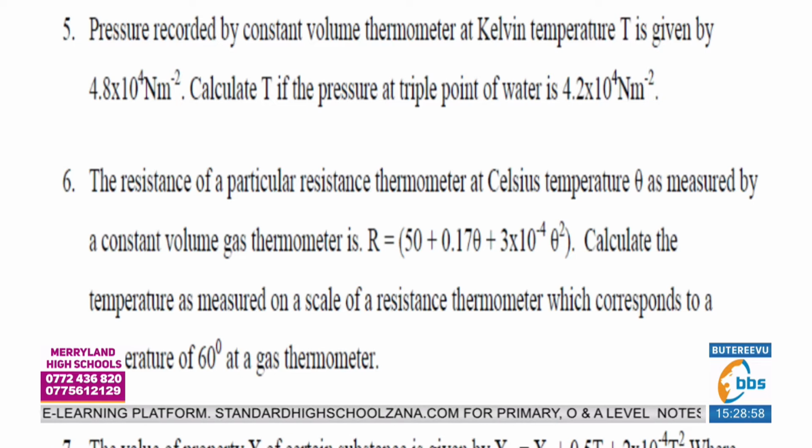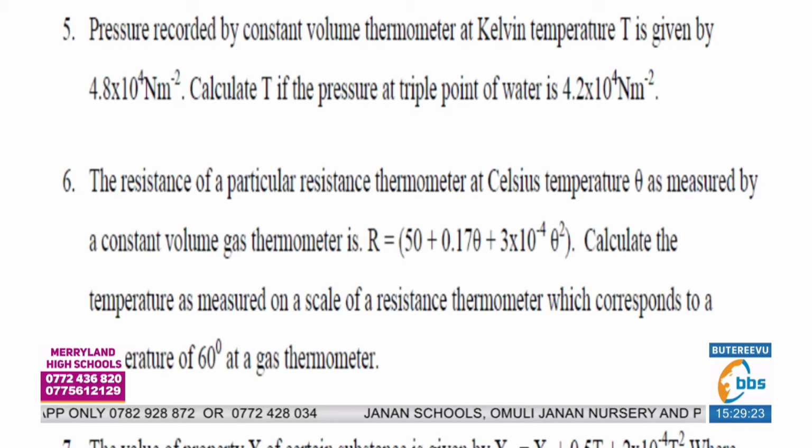Like I said, in the examples which I'm doing, I've started with fixed points being the ice and steam point, or the lower fixed point and the upper fixed point. Now, my third example, which I'll be doing live, is dealing with a fixed point, which is the triple point of water.